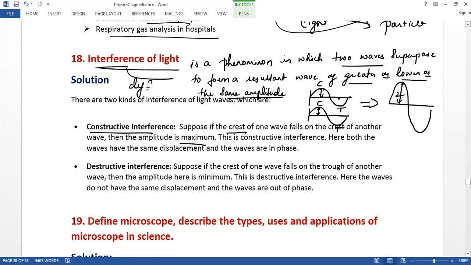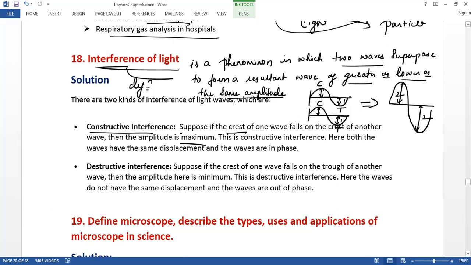And when a trough of one wave superimposes on a trough of another wave, the resultant will be the addition of these two troughs. For example, take this trough as 1 and this trough as 1, so 1 plus 1 will be 2. This is the resultant. So this is constructive interference.